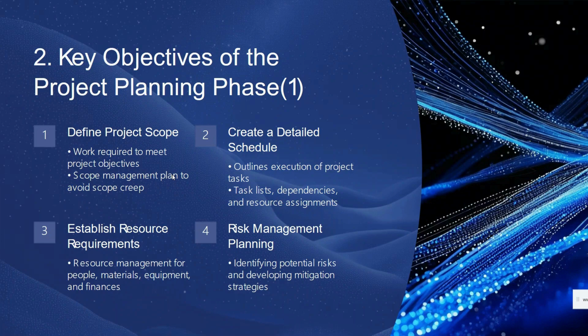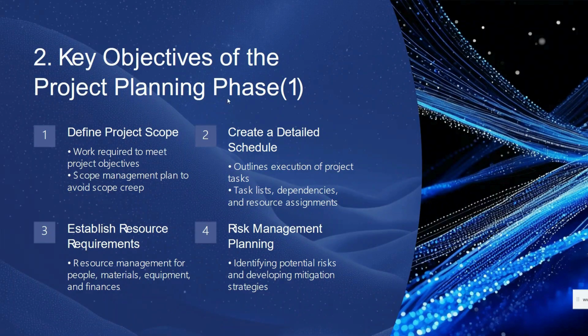So it defines the deliverables and determines what is included and excluded. Developing a project scope management plan ensures that the project remains within its defined boundaries and avoids unnecessary changes like the scope creep.